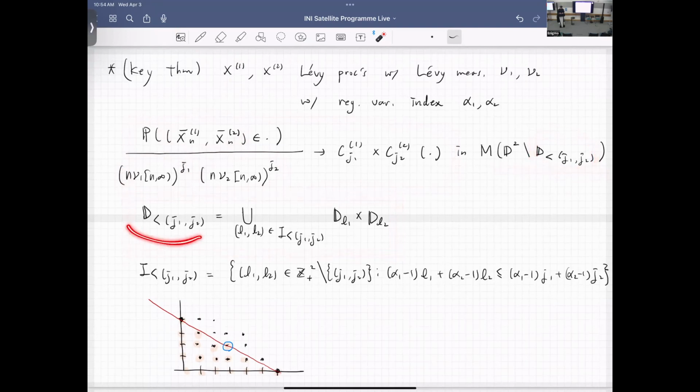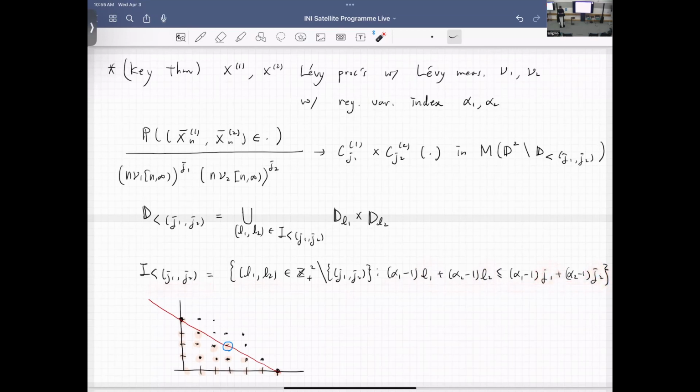So this is again a set of product of non-decreasing step functions, but the index of the union is over this set: L1 and L2, for which L1 plus L2, weighted by alpha 1 minus 1 and alpha 2 minus 1, is less than particular J1 and J2, which are these two.